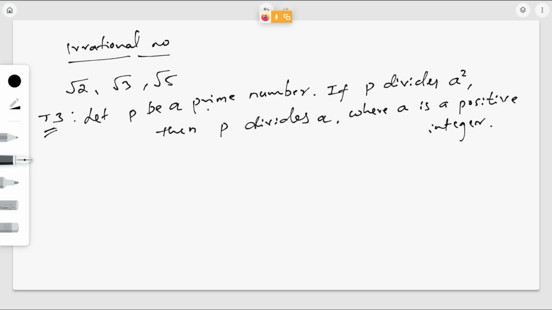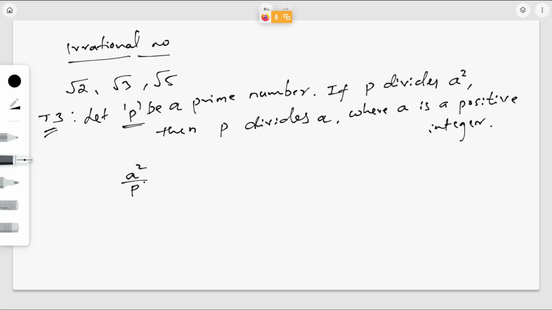Let P be a prime number. If P divides a square. So see here, P is some prime number. If P divides a square, what does that mean? A square divided by P. So this P divides a square completely. When you cancel out these two, you will get 1 here.